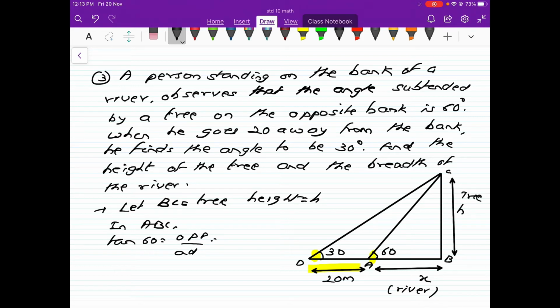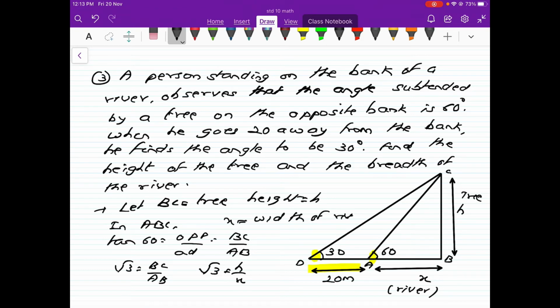So what is the opposite side? It is BC upon AB. So tan 60, which is root 3, is equal to BC upon AB, or I can even replace this part with h upon x. What is x? Let x be the width of the river.